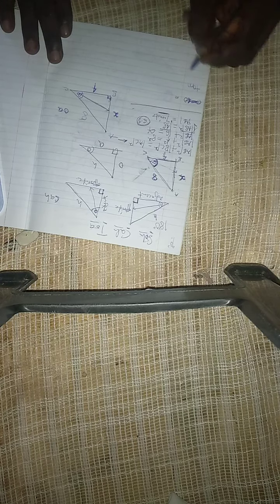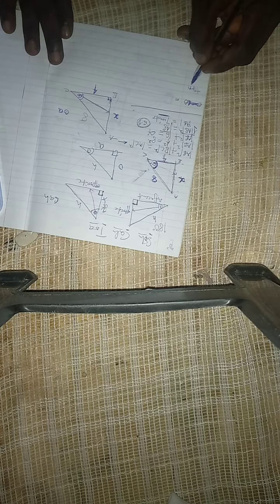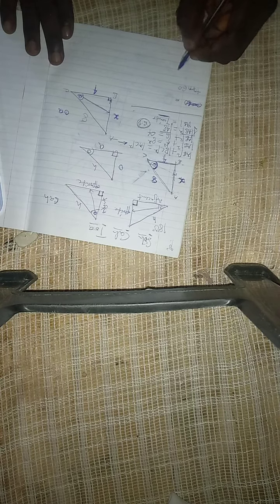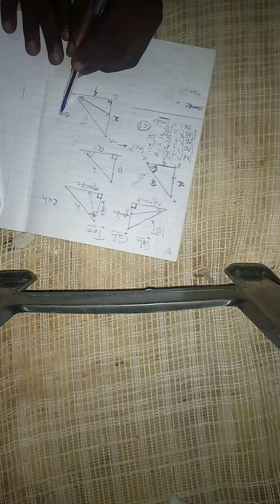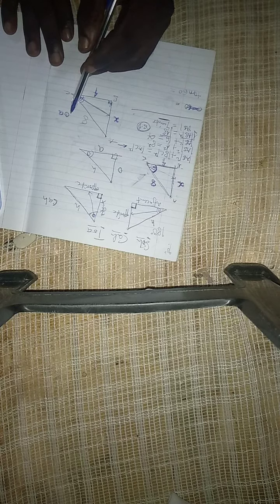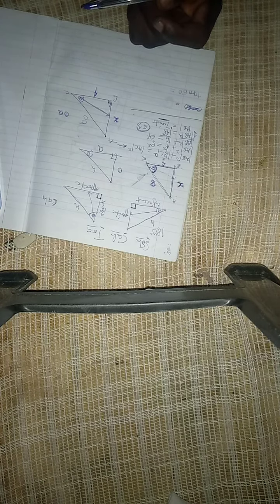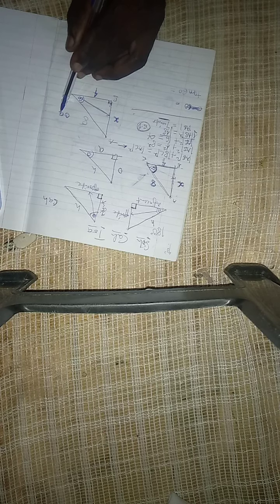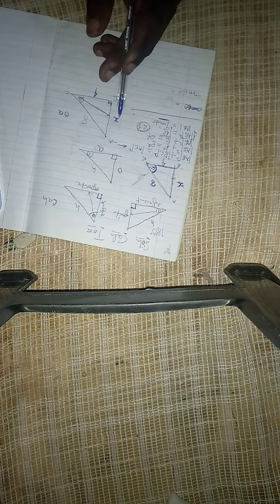So when we come here, we have tan, and the angle given is 60. So tan 60 is equal to O over A. O will come to the top, which is the numerator, and A will be the denominator.